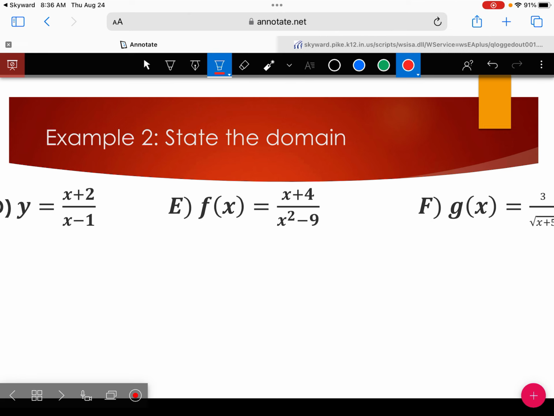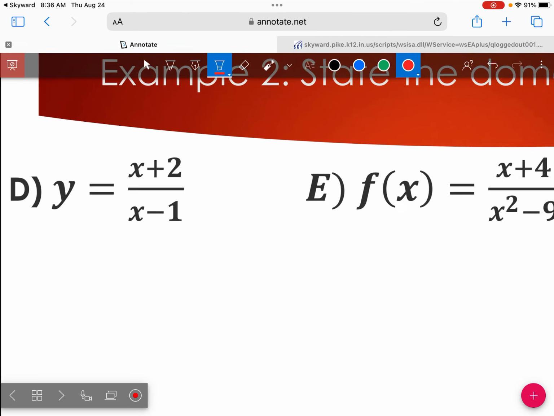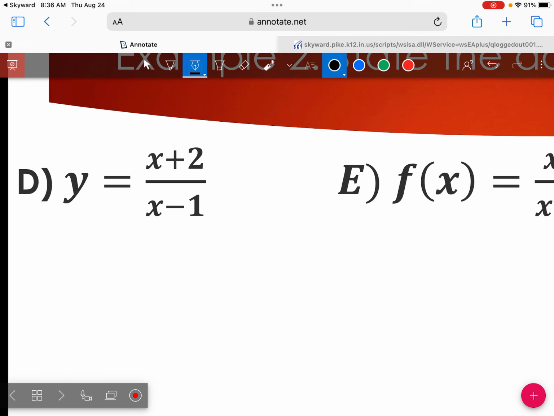All right, so let's look at this first one. Again, whenever you see a denominator, you're going to focus in on your denominator. This is my red light. So this cannot equal 0. x minus 1 cannot equal 0, which means x cannot equal 1.